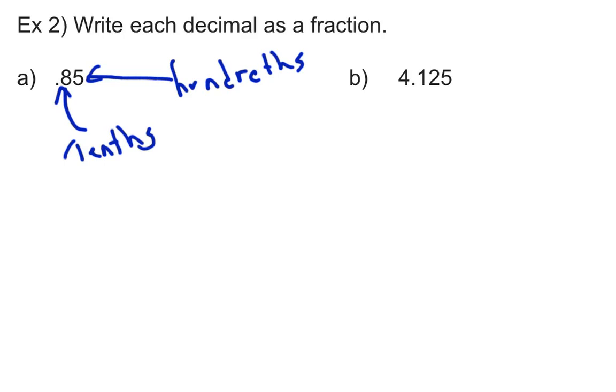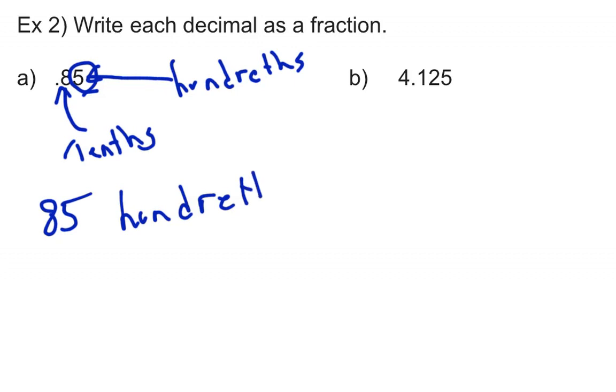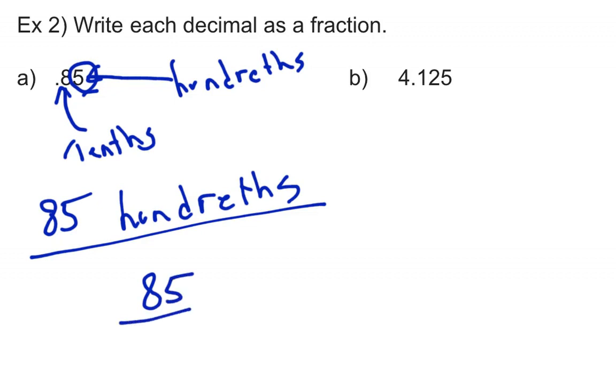Well, 0.85, and I'm going to go by that last number there, which is in the hundredth place. So instead of saying this as 0.85, I would read this as 85 hundredths. And then just think about that. If you're going to say that out loud, 85 hundredths, well, can I just write that as a fraction? 85 100ths. Isn't that just 85 over 100?